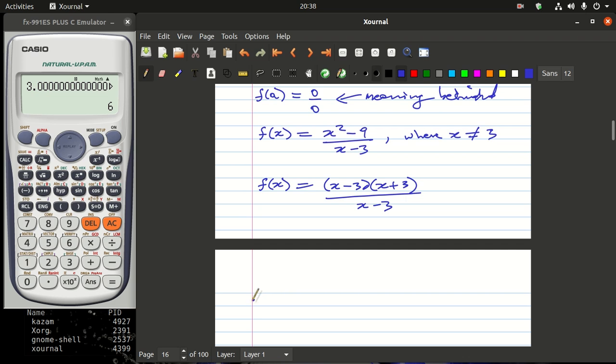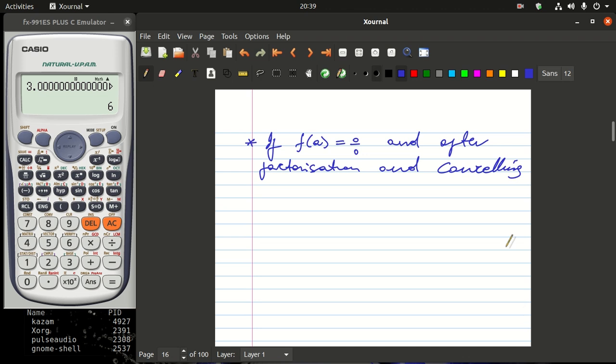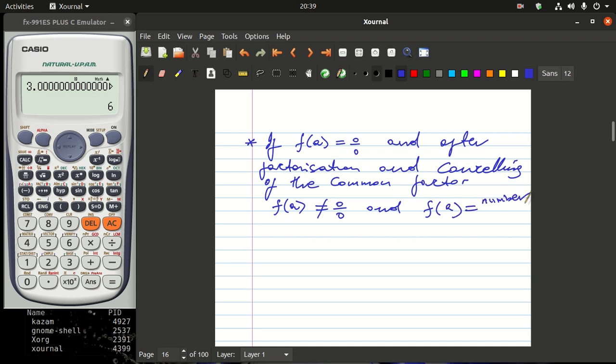I'm going to write this thing down. If f of a is equal to 0 over 0, and after factorization and cancelling out of the common factor, f of a is not equal to 0 over 0, and f of a is not equal to a number over 0.